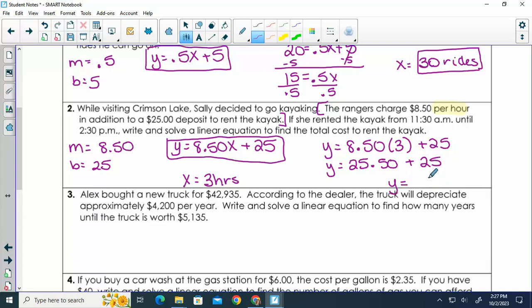So we get 50.50. What would our label be on this? Make sure we wouldn't want to say just 50.5 if we're talking about money. We put the 2 decimal places. So it would cost her $50.50 to rent that for 3 hours.